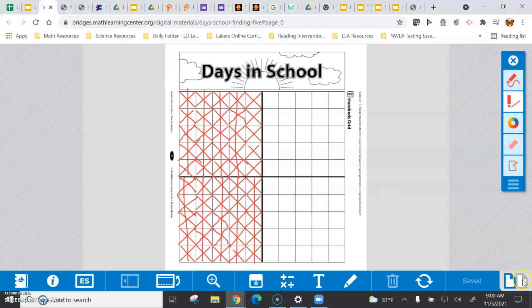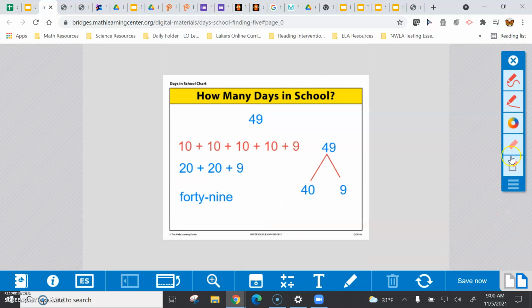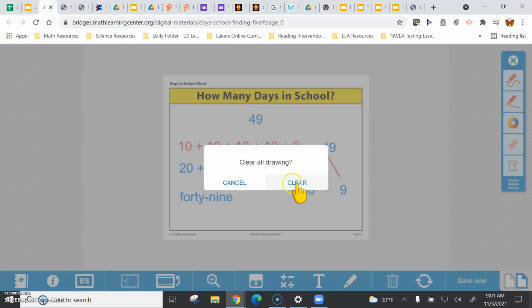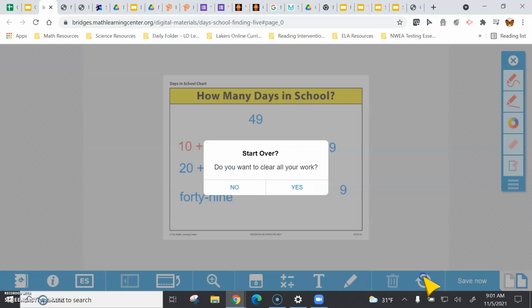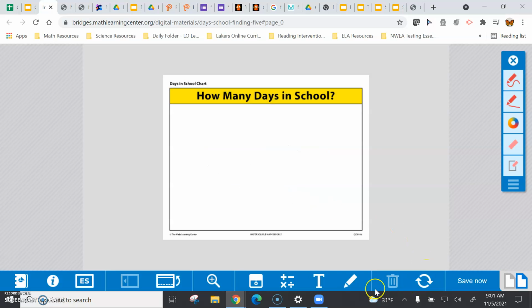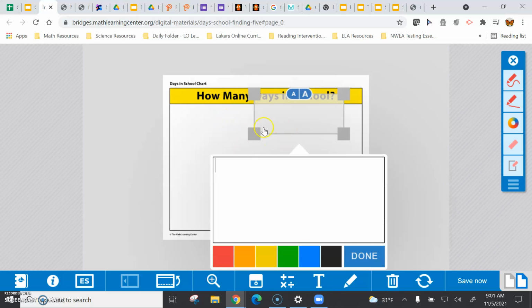That's super cool. So we're going to erase all of this and do something a little bit different. We are going to put the number 50 up here. We're going to write the number word 50. And then we are going to show different ways to make 50.